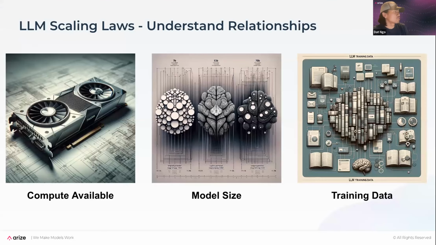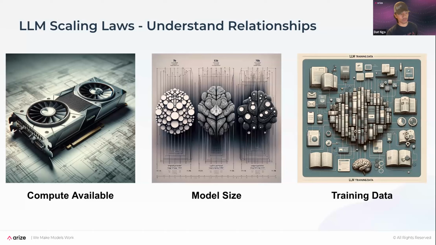And so the first thing to understand is that there's a relationship between three things when you think about training or prepping LLMs for real world applications and performance. The first one is that we're heavily gated on compute available. We don't have unlimited amounts of compute, and so that's generally the thing that gates us. Based off that, we can affect the next two items. I'm sure we're all familiar with model size.